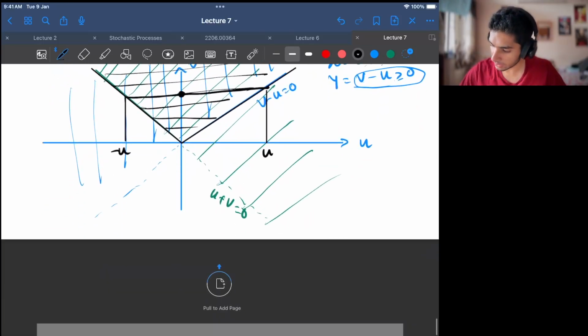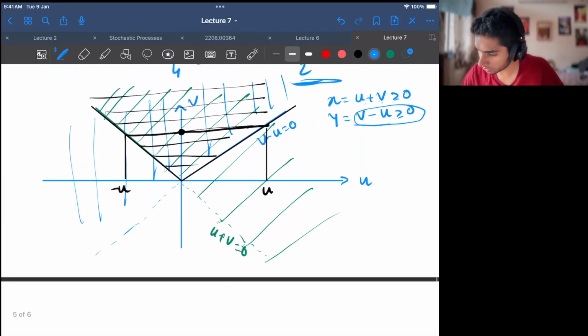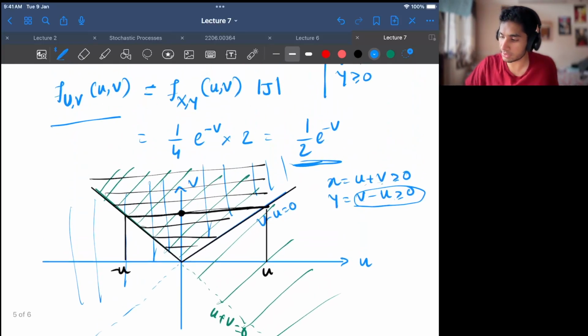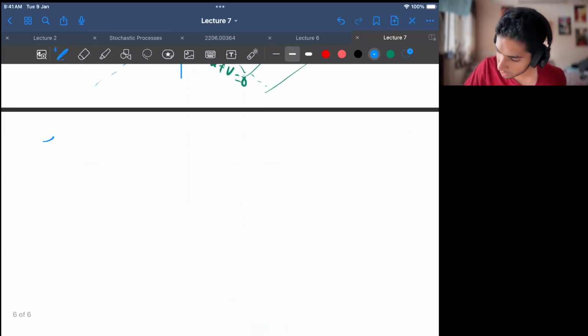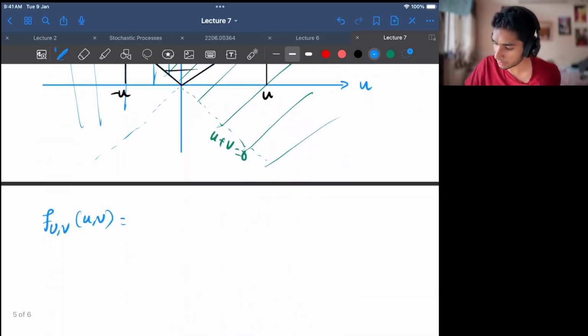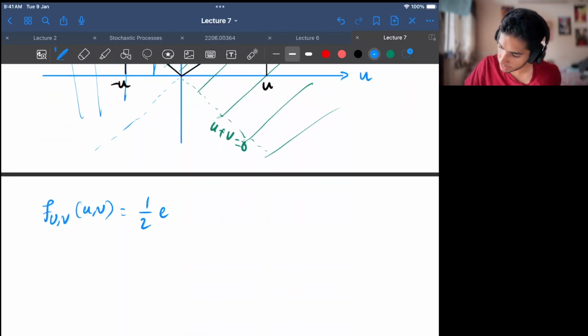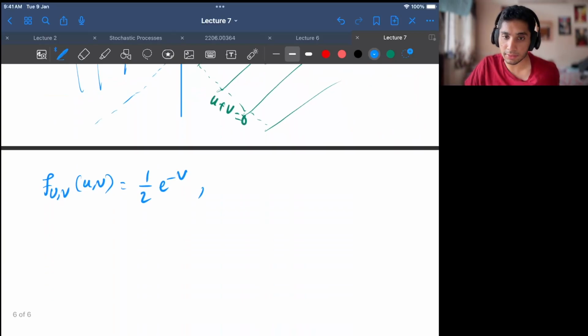So this graph is just to come up with an idea of what is the range of u and v for which this distribution that we have written is true. So f of u comma v of small u and v is equal to half e raised to minus v.